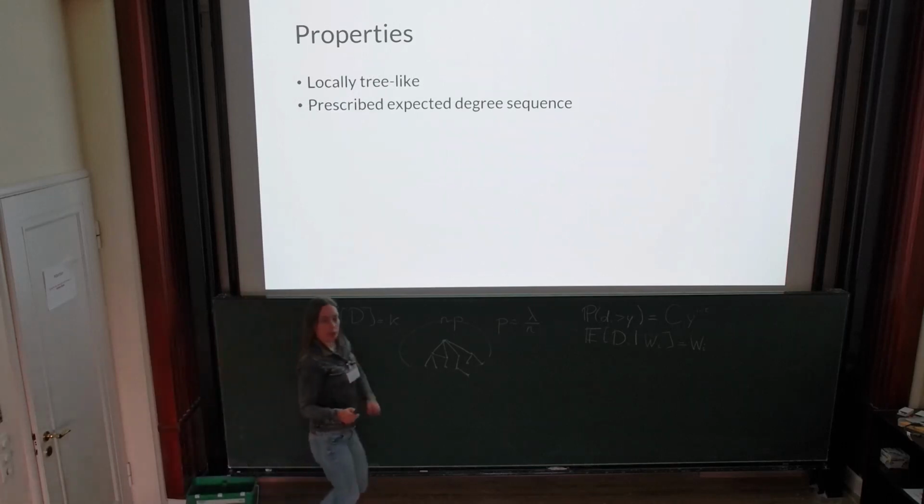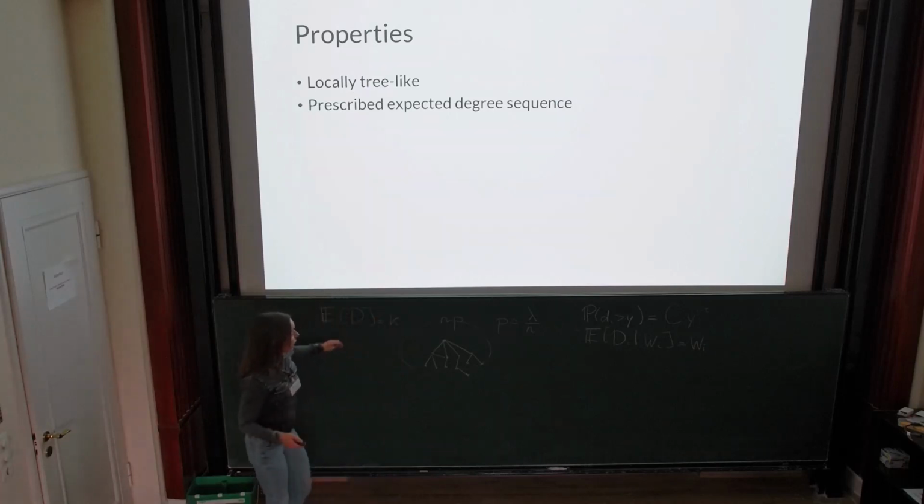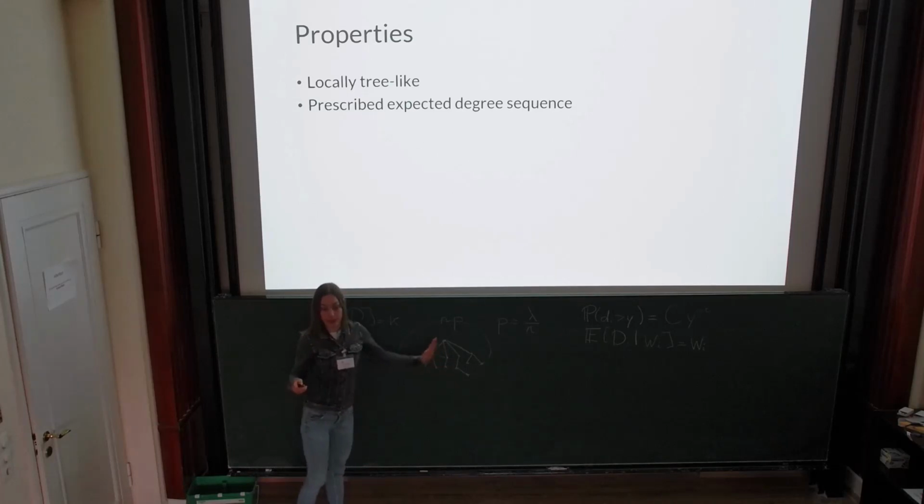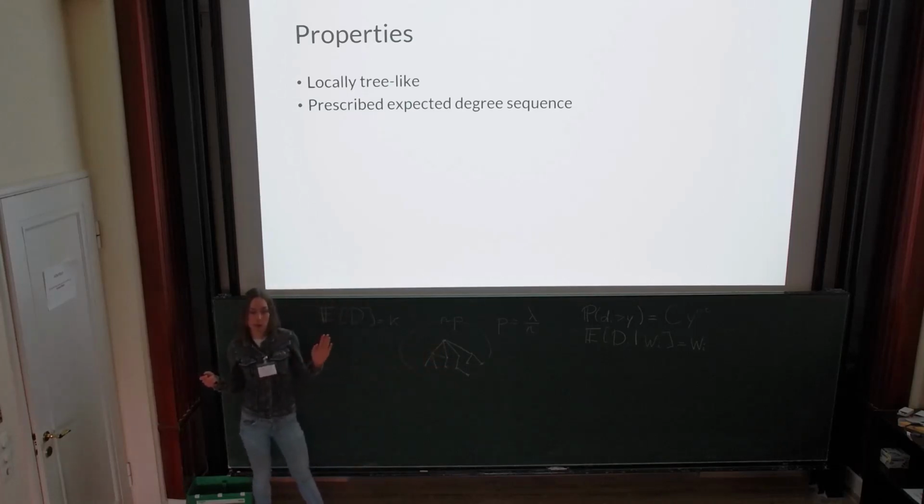And this is actually a property that people usually do not like so much. On the one hand, it's a very nice property, because it enables you to prove many things. Because what you can often do is approximate this random graph model by some branching process, and you can use many tools to prove all kinds of theorems about this model.